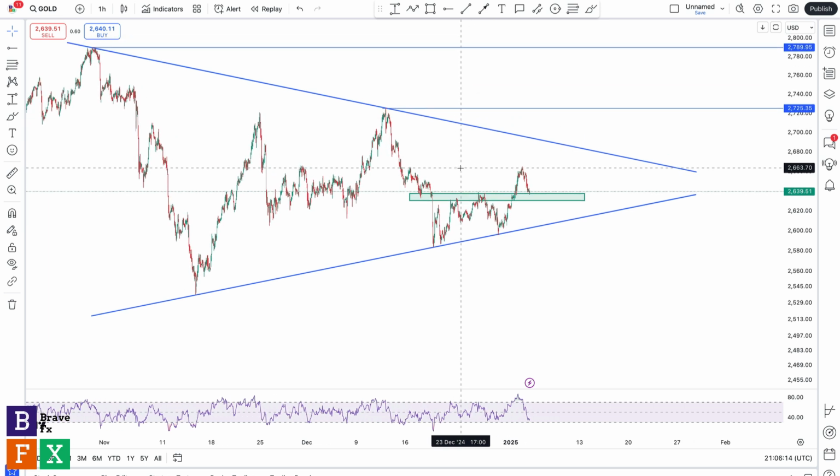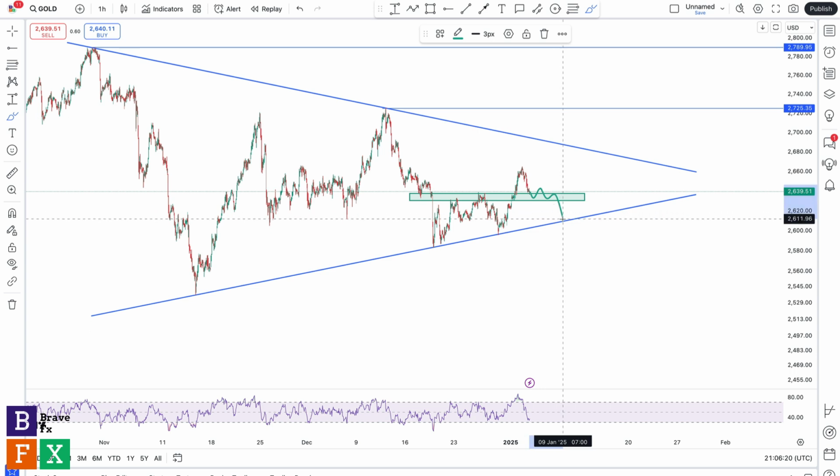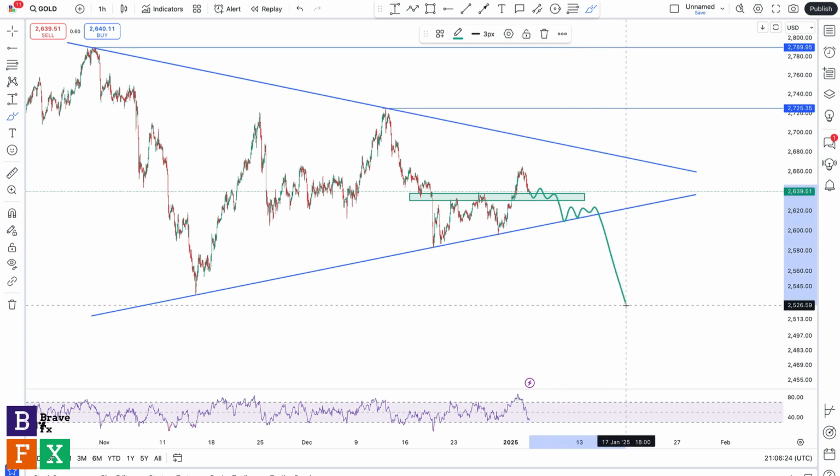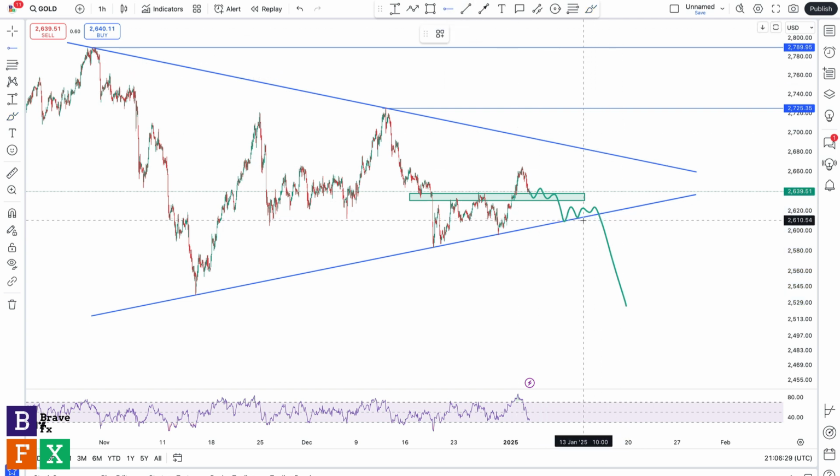short right now. So to go short, price is likely going to consolidate around these price levels and break through, then consolidate around these price levels and then break through. So this is where I'm going to look forward to going short. If we do get a bearish breakout from this support level of the symmetrical triangle, then I'm going to go short.